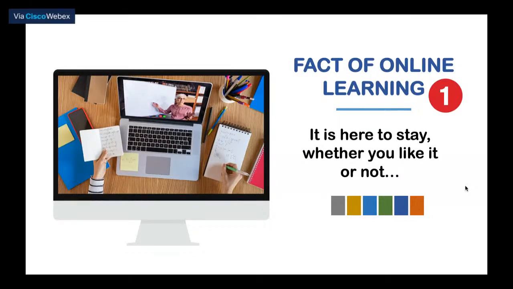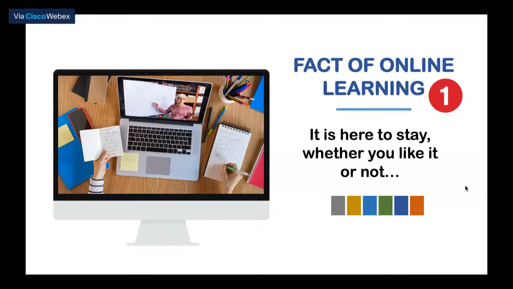We all need to know this, whether you like it or not, whether you prefer to teach face to face. Some of my colleagues mentioned to me that they can't wait to have face-to-face classes. I miss my students too, because although I am an online instructor, I would still like to see my students in face-to-face classes, go here and there with them, and interact with them face to face.